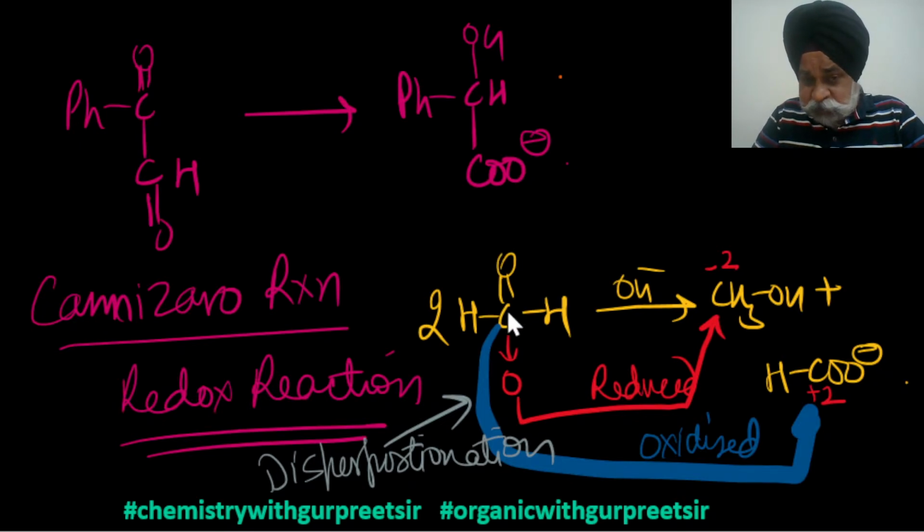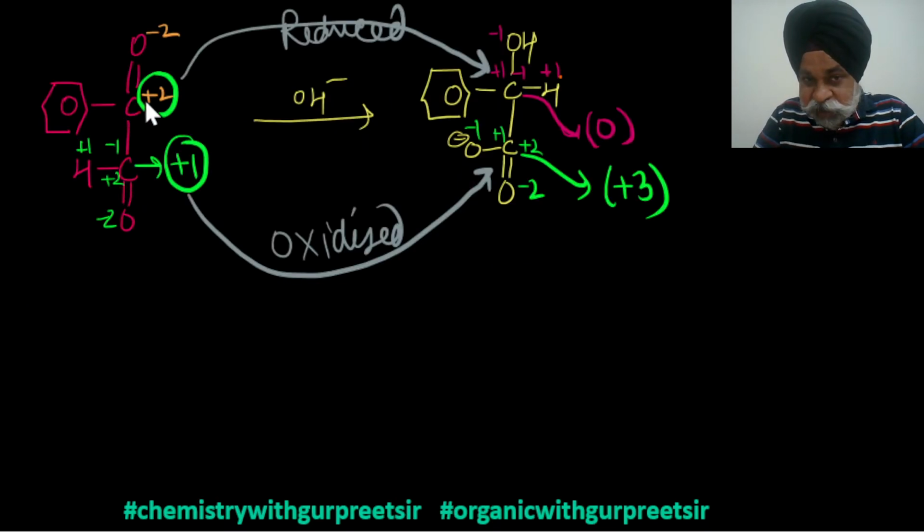So disproportionation reactions are those in which the same element undergoes oxidation and reduction, but that same element must be in the same oxidation state. Here the oxidation state is 0, but in the starting compound here the carbons do not have the same oxidation state. This carbon has a different oxidation state.